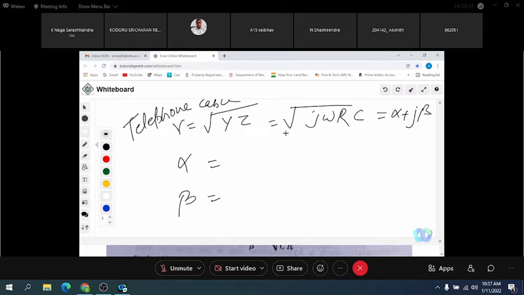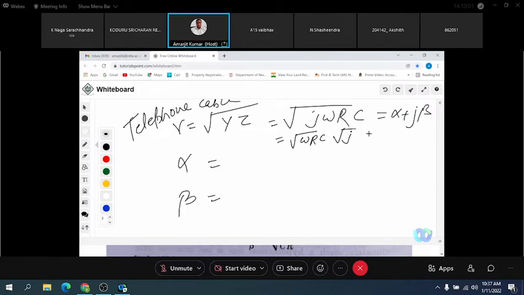So basically it is root omega RC under root j. So what is under root j? It is 1 plus j by root 2.